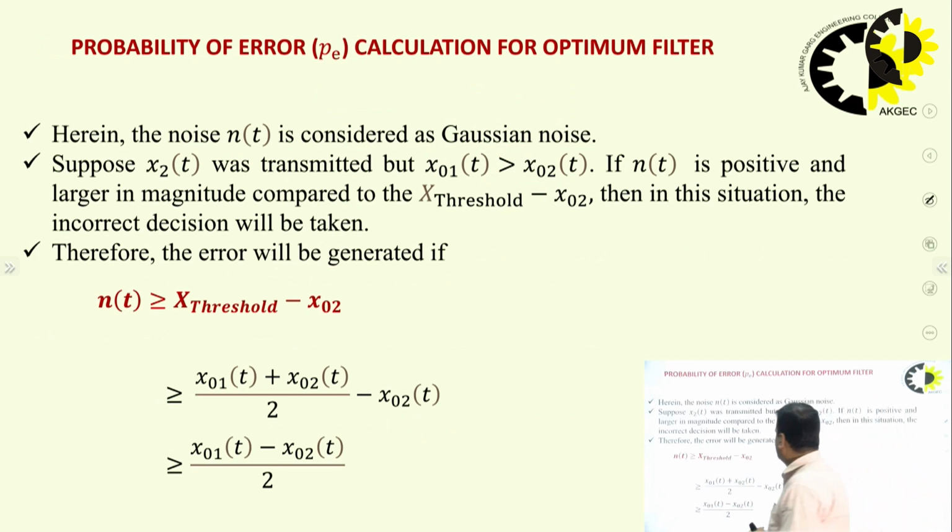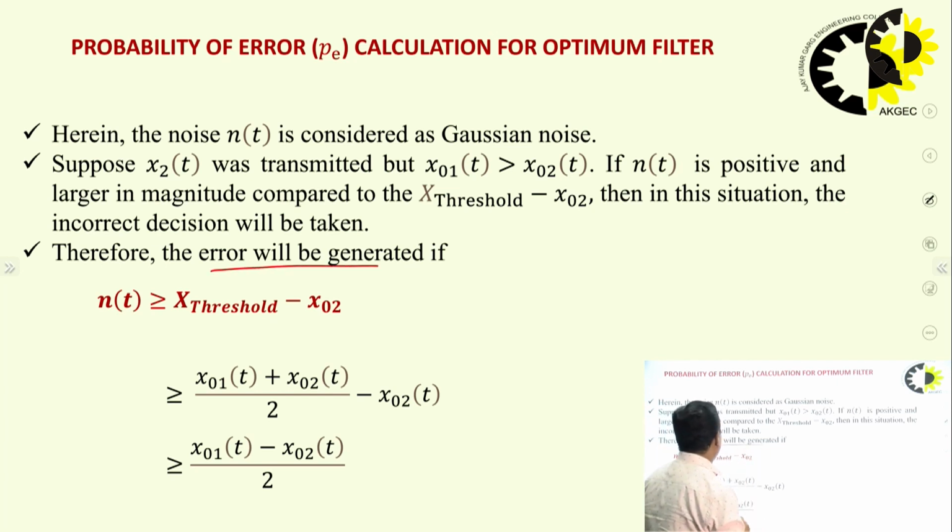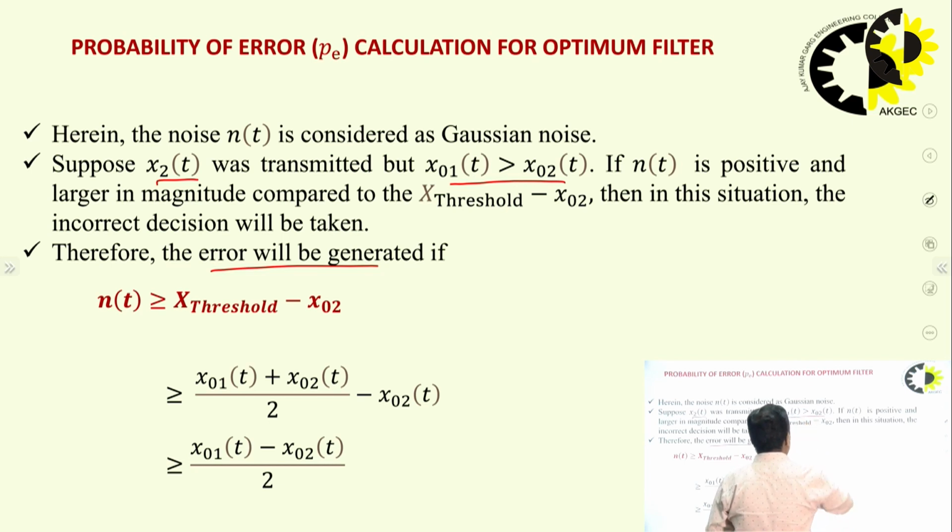Next, we know noise will be there. So when will error be there? Error will occur whenever we are transmitting x2(t), but at the output xo1(t) is greater than xo2(t). If xo1(t) is greater than xo2(t), and if n(t) is positive and larger in magnitude compared to threshold minus xo2, then in this situation an incorrect decision will be taken.